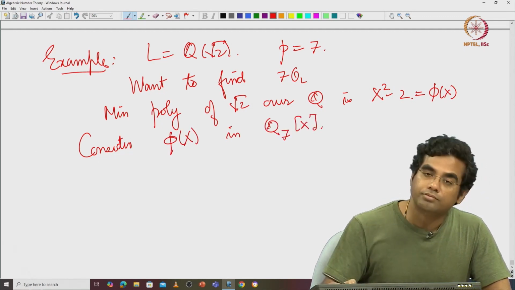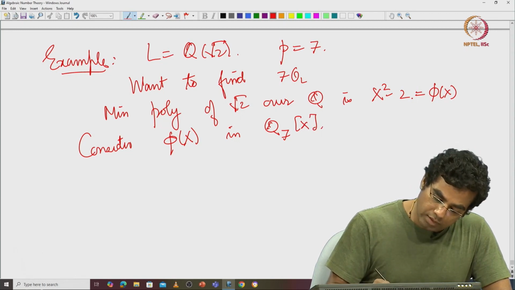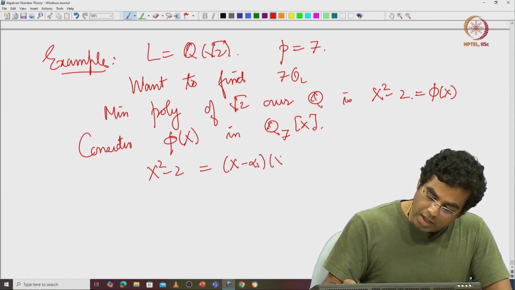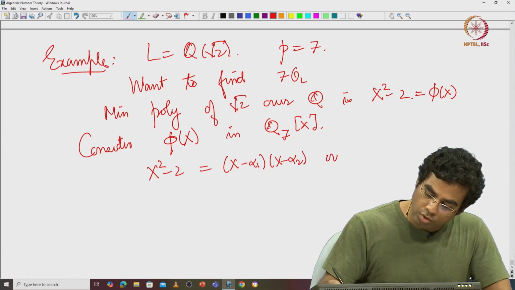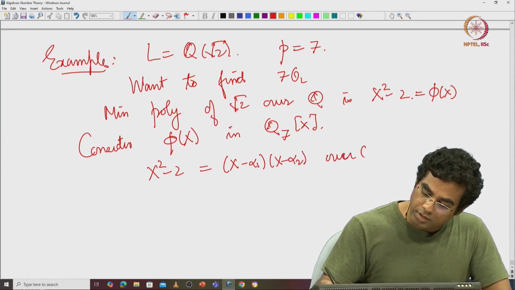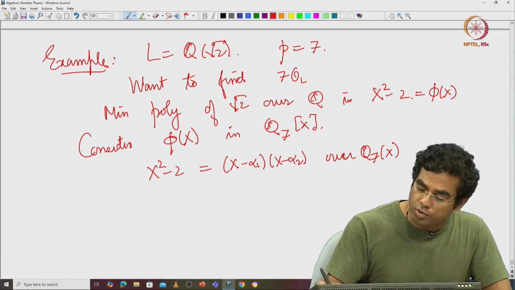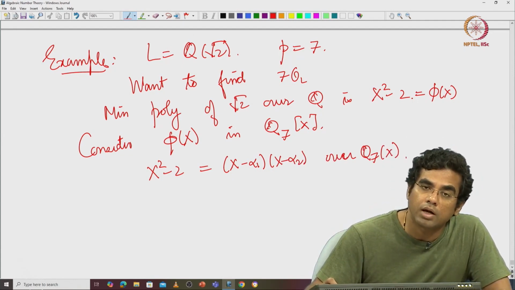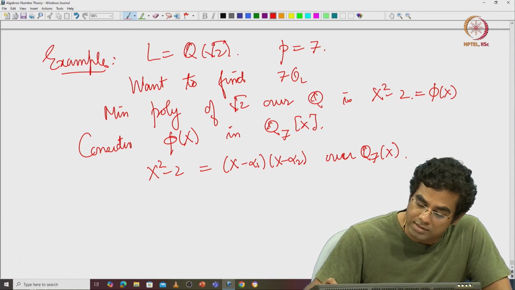So, you consider phi(x) in Q_7[x], and we know that x squared minus 2 factorizes as (x minus alpha_1)(x minus alpha_2) over Q_7[x]. We proved that 2 has a square root in Q_7, as an application of Hensel's lemma.